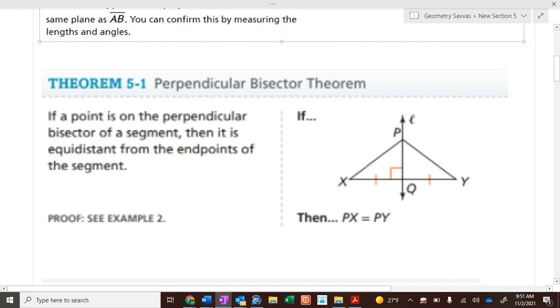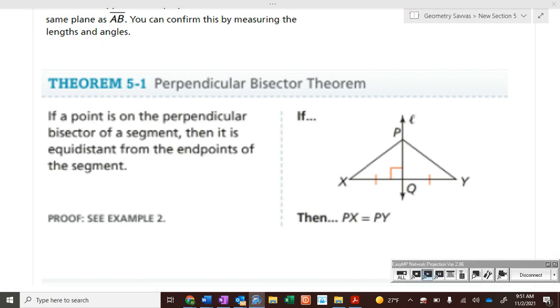Oops. I need to go here. The perpendicular bisector theorem, which says if a point is on the perpendicular bisector, it is equidistant from the endpoints of the segment. So if a point P is on the perpendicular bisector of XY, P is the same distance from X that it is from Y. Okay, the perpendicular bisector theorem.